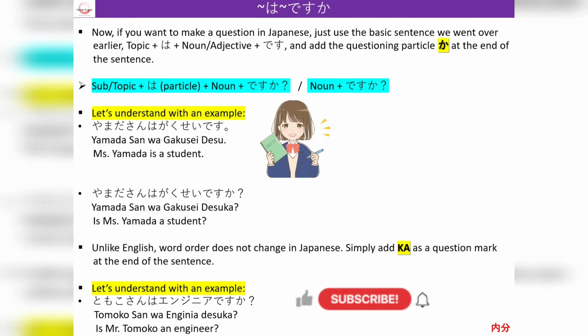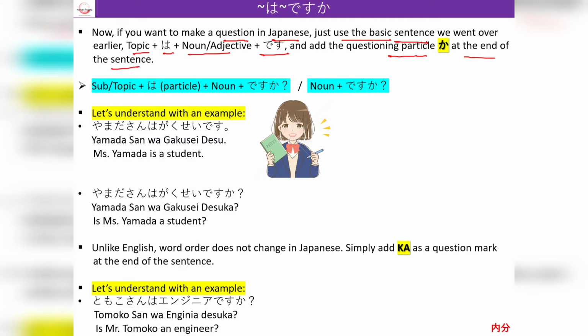Guys, if you want to ask a question in Japanese, just use the basic sentence pattern which we learned in our previous video. The pattern was: topic plus wa plus noun plus desu, and add the question particle at the end of the sentence. I'll drop the link in the description for this pattern.